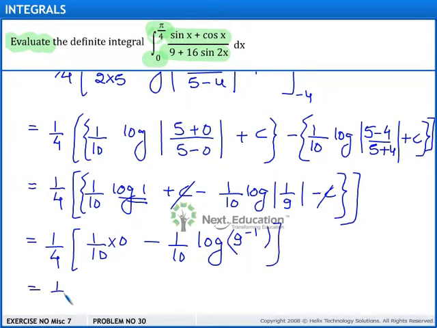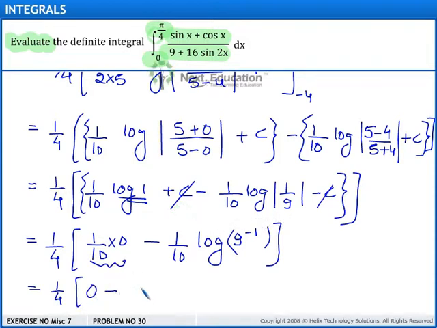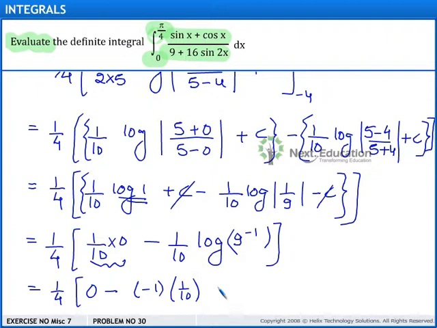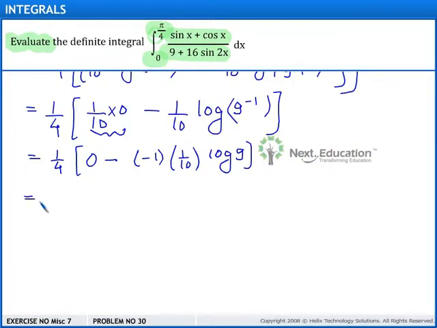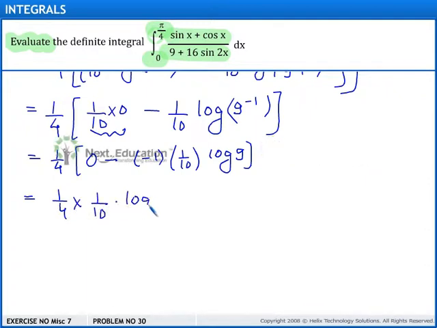This term is 0 minus of, taking this minus here, we have minus of minus 1 into 1 upon 10 log 9. So this is equal to 1 upon 4 into 1 upon 10 into log 9, that is 1 upon 40 log 9.